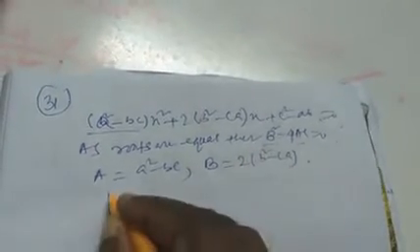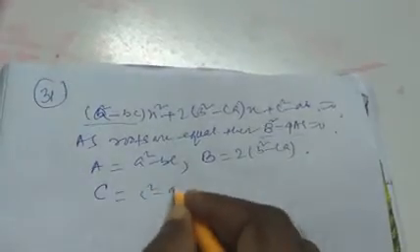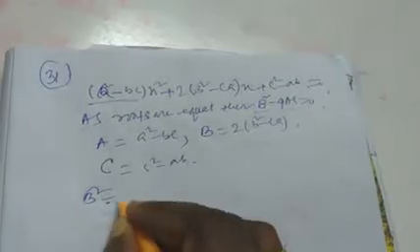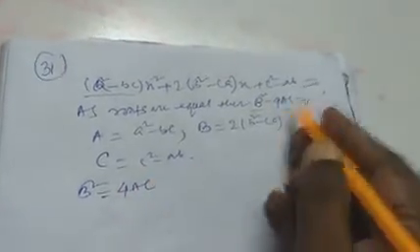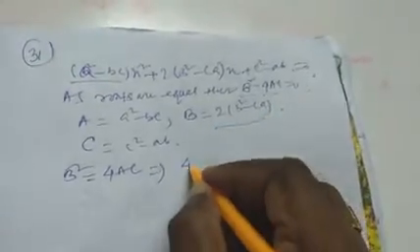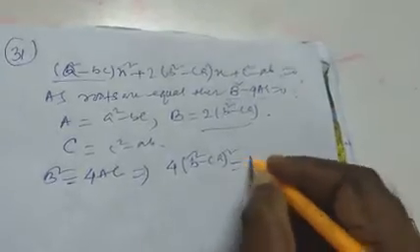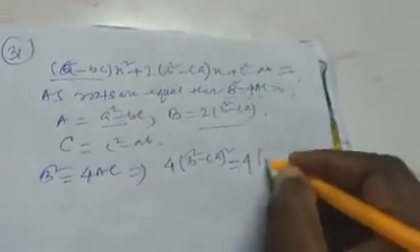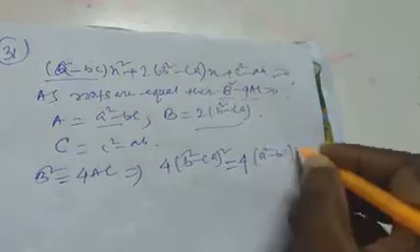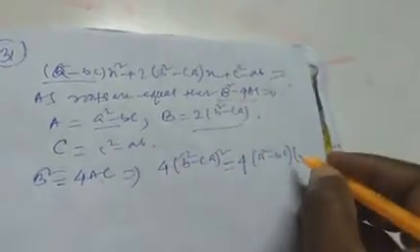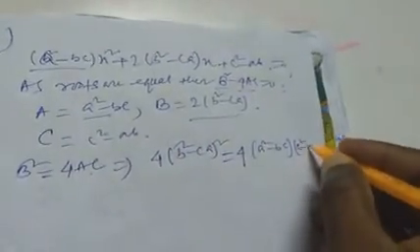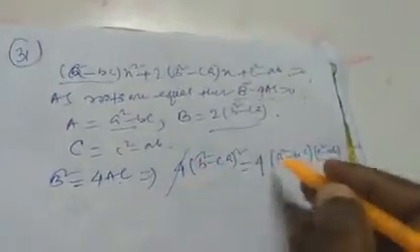And now look, here is c square minus ab. So now the condition is B square equal to 4AC. Transferring, B square is 4 times (b square minus ca) whole square, and 4AC, A means a square minus bc, C means c square minus ab. The 4s are cancelled on the right and left hand side.